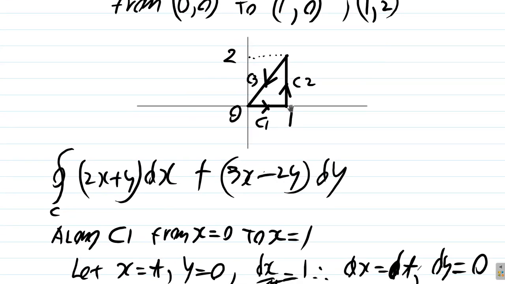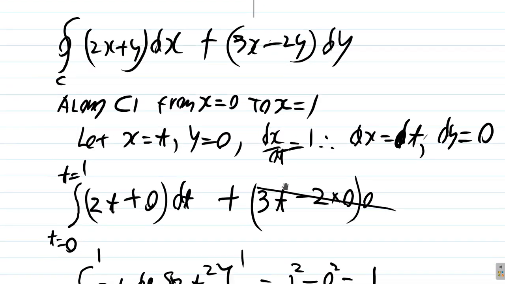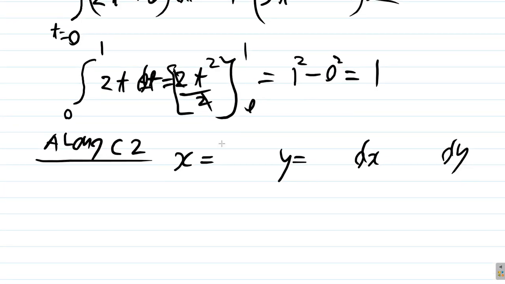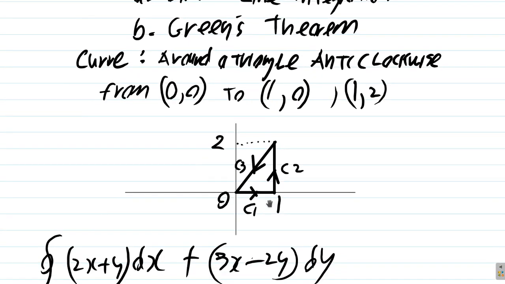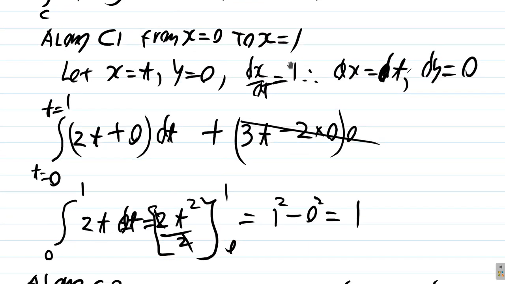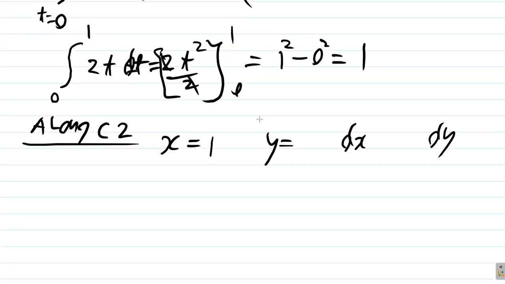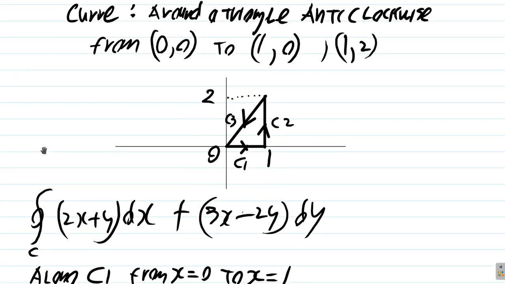Now what happened? When you go straight up above 1, x is 1. X doesn't change, it remains 1. Y changes, so we could say y is equal to t. Now, what is dx equal to? What's the change in x?